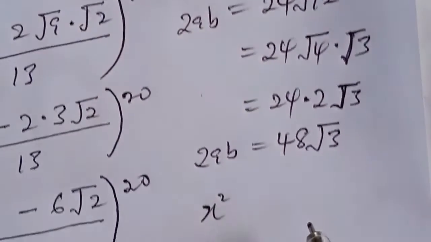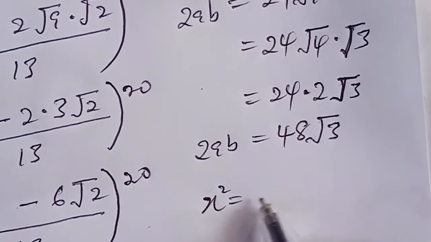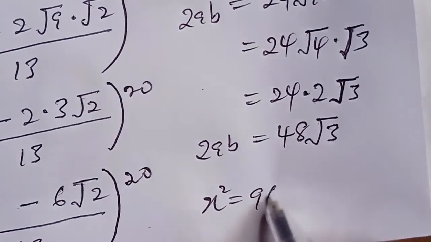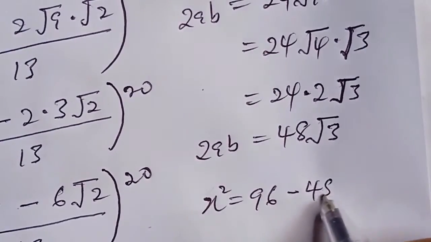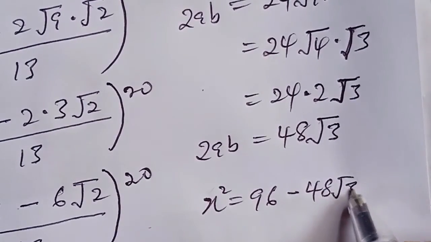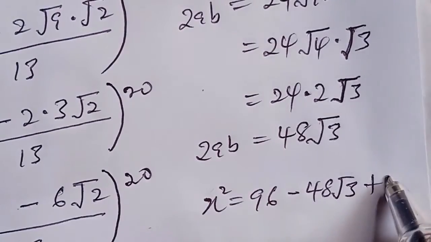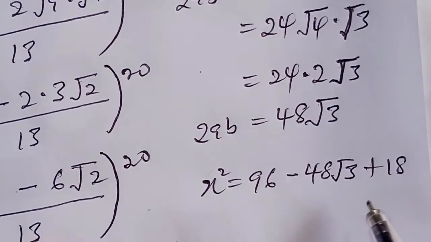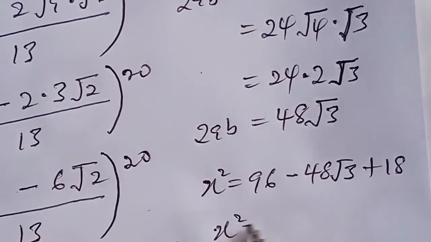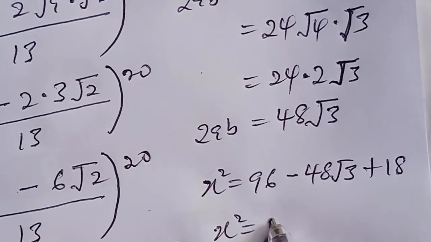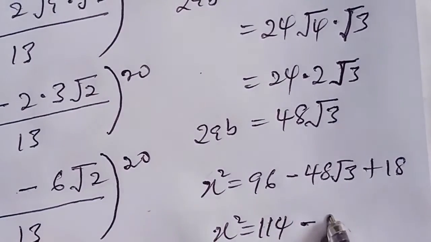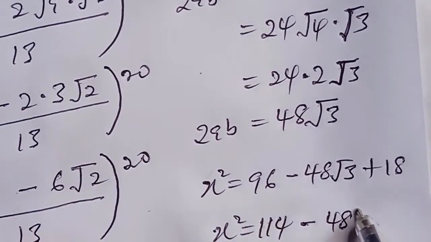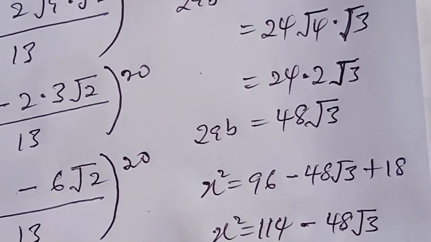Which gives us the value of x squared will now be equal to 96 minus 48 square root 3 plus 18. So here this can now be simplified as x squared will be equal to 114 minus 48 square root of 3.